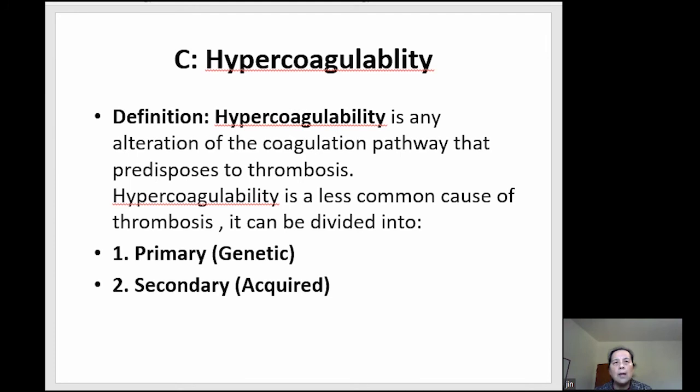And another aspect affecting easy formation of blood stasis is that the blood itself has some disorder. Hyper always means high. Hypercoagulability means their blood easily causes blood stasis.